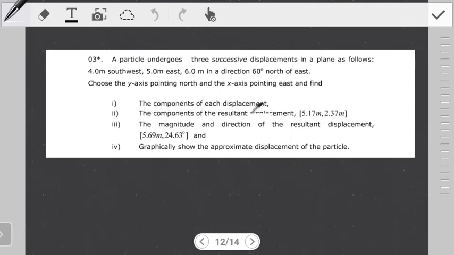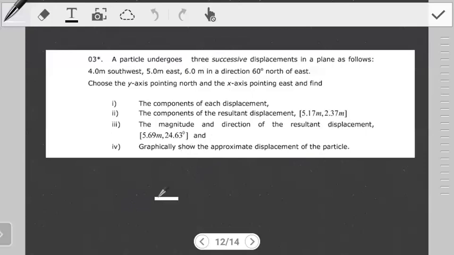After getting the components of the resultant, we use those 2 components to get the magnitude and the direction of the resultant. Then again, using the same 2 components, we can also graphically show the displacement of the resultant vector. So this is just a breakdown of the step-by-step approach that we take whenever we want to find the resultant of 3 vectors in this case.